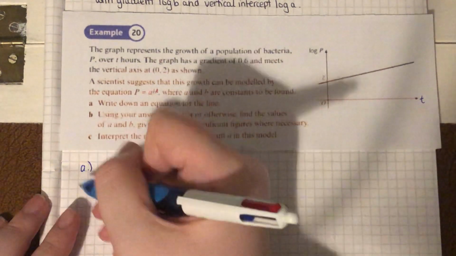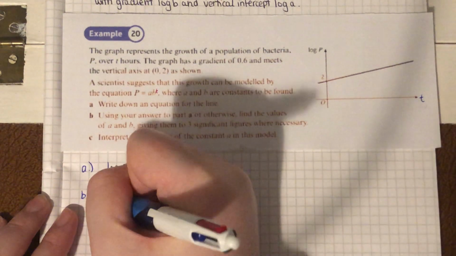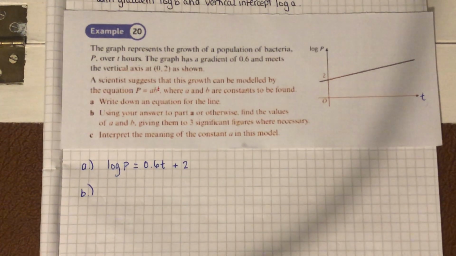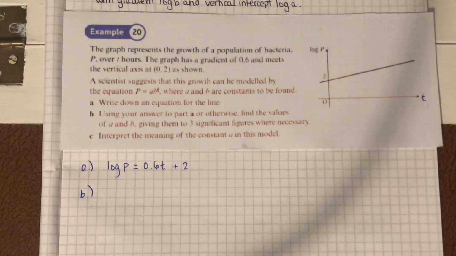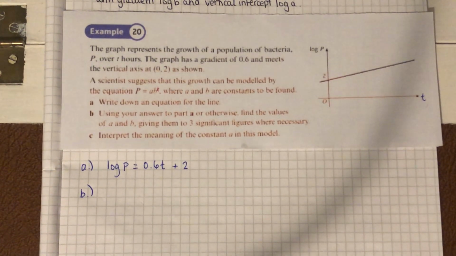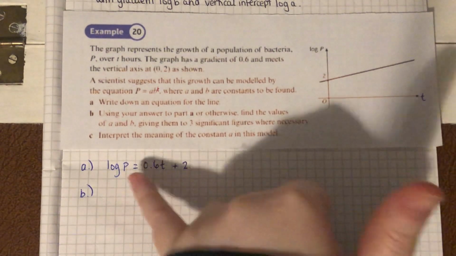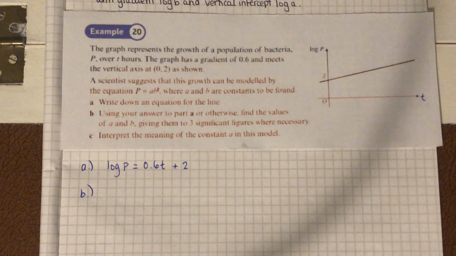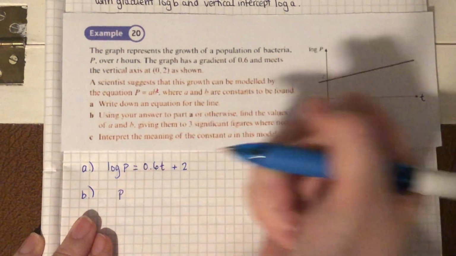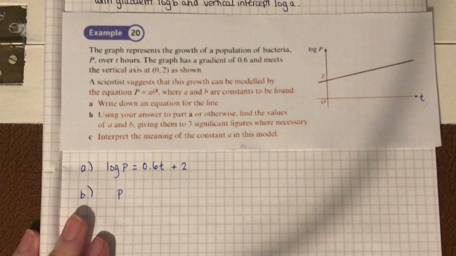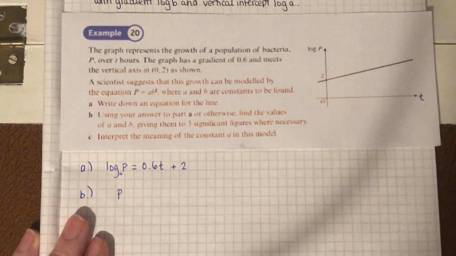So for part B, we have been asked, using your answer for part A, find the values of a and b, giving them to 3 significant figures. So this is quite similar to what we've just done. Now, I don't want it to be log of P. The first thing I want to do is find just P. To do that, remember this actually has a base 10.